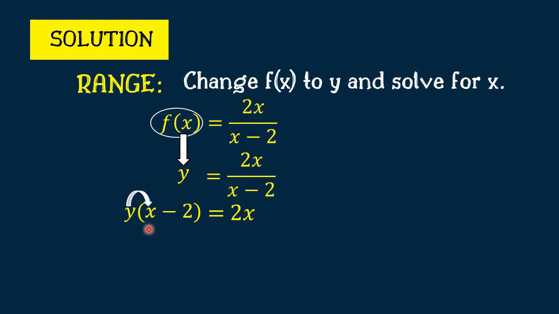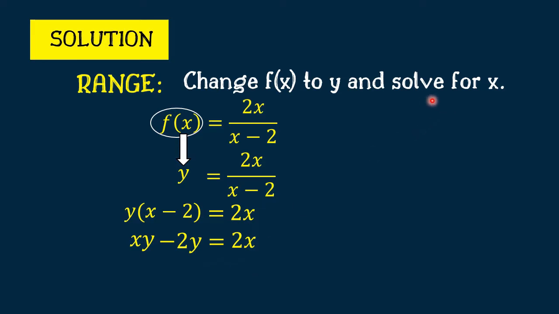So we have y times x, and that is xy. In writing the variables, simply follow the correct order in the alphabet. Next, we have y times negative 2, and that is negative 2y. And simply copy equals 2x.